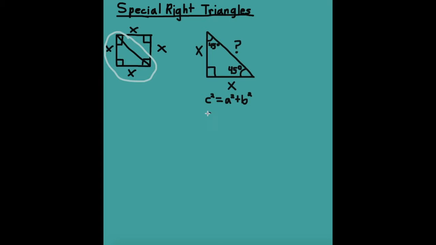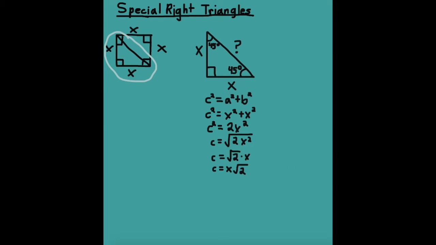We will get c squared equals x squared plus x squared. We will get c squared equals 2x squared. When we square root both sides to solve for c, we will get c equals the square root of 2 times x squared, which is simply the square root of 2 times x, hence x root 2.